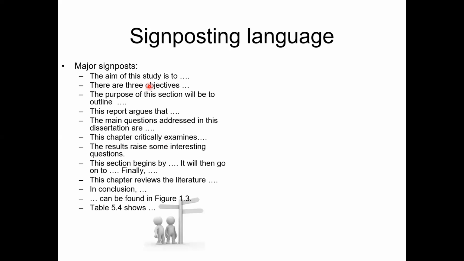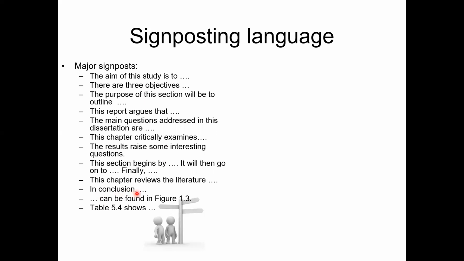There are three objectives to my aim. The purpose of this section, which is appearing now, will be to outline such and such. This report argues that, once again, voice. This chapter critically examines. Here we tell the reader what is going to happen. This section begins by, it will then go on to, and finally.